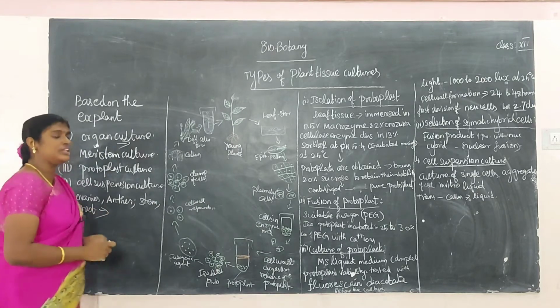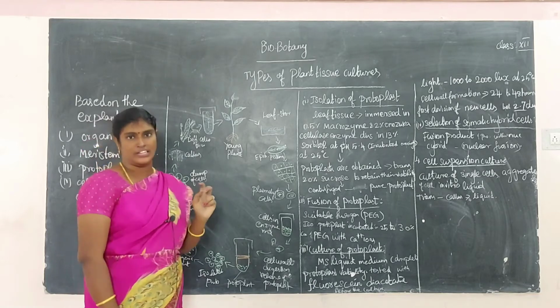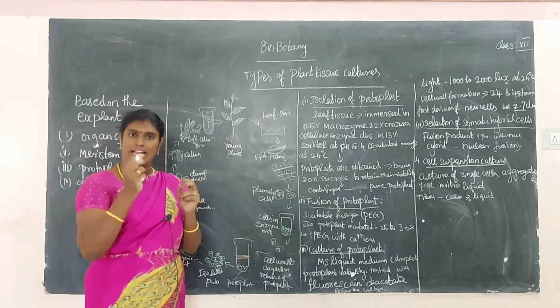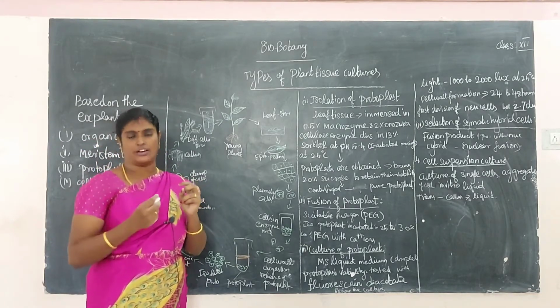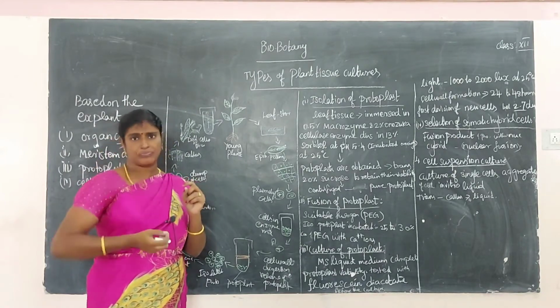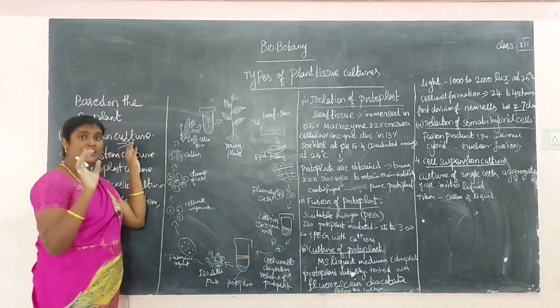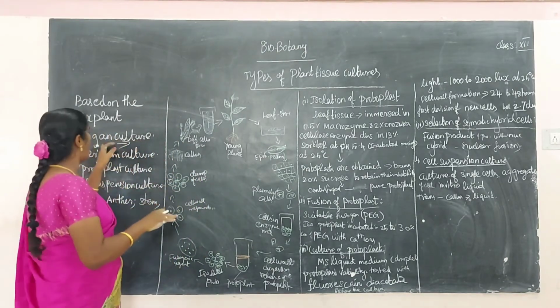These organs are mainly used in this culture, which is called organ culture. We take any one of the organs, for example stem, root, anther or ovaries.